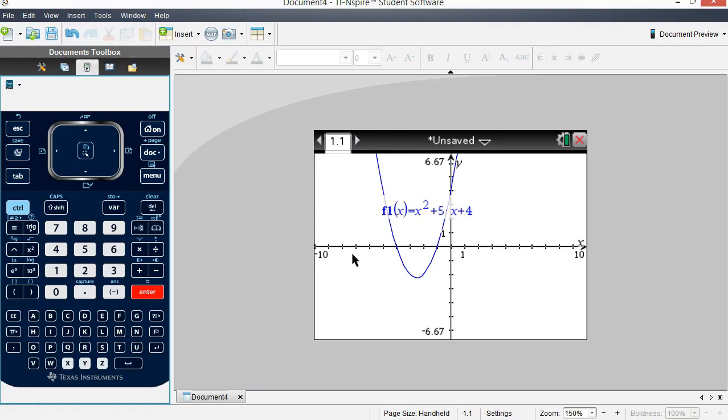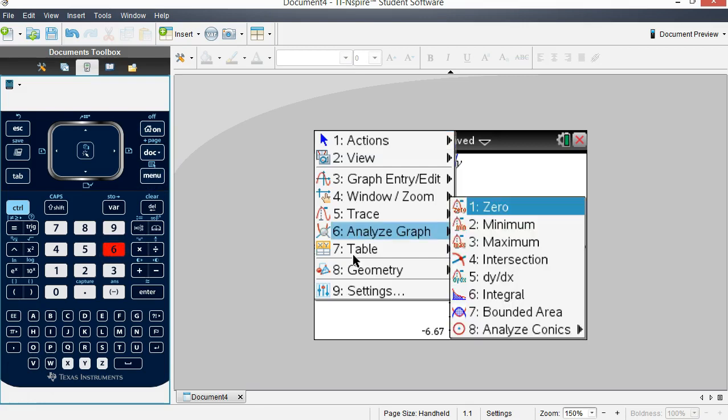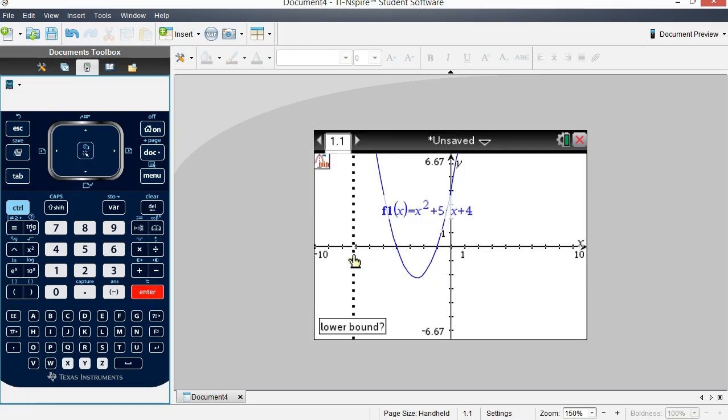What do I mean by either 3 or 2? Menu, 6, analyze graph. One is a min, one is a max. So depending on whether you have a min or a max, you'll choose one of those. This one has a minimum, so I'm going to choose minimum.